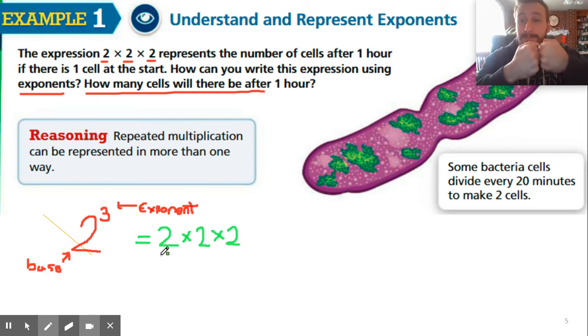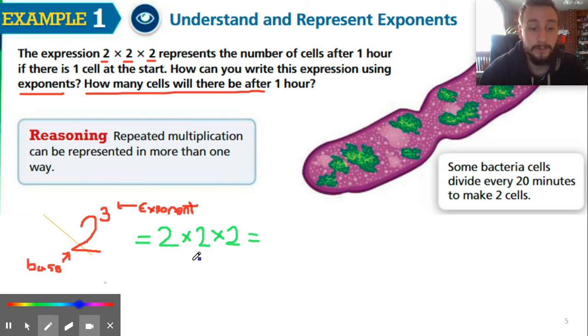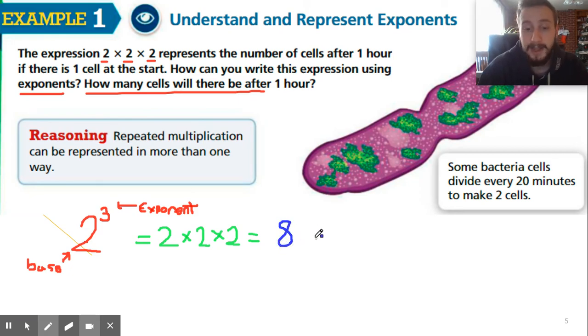This is the expanded form, 2 times 2 times 2. And then the standard form is when we solve it. So what's 2 times 2? 4. What's 4 times 2? 8. So the standard form, or the answer to this problem, would be 8, or 8 cells. And that answers the question.